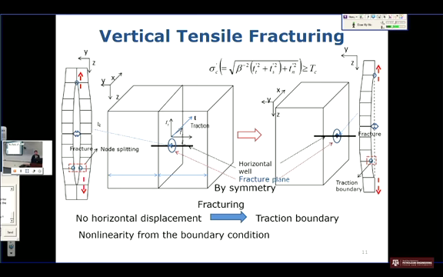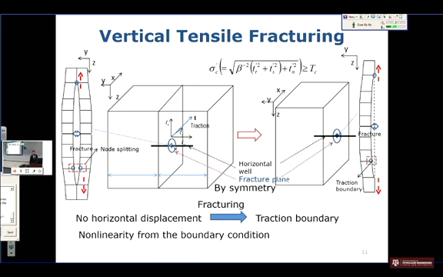On the other hand, for modeling of the vertical tensile failure, we use the concept of node splitting. Here is the node. The effective stress at that point satisfies the failure condition. We split the node. Then we have an internal boundary.